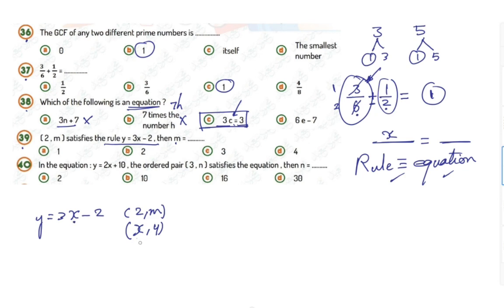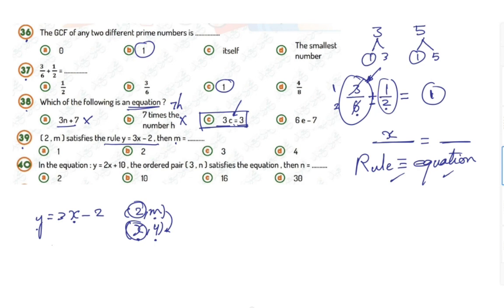So the first number represents x and the second number represents y. If you substitute x equal 2, you will find the value of m, or y, the same.